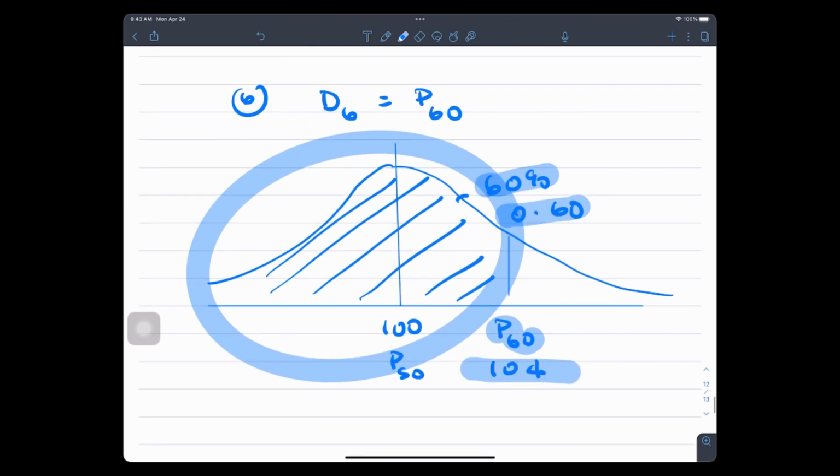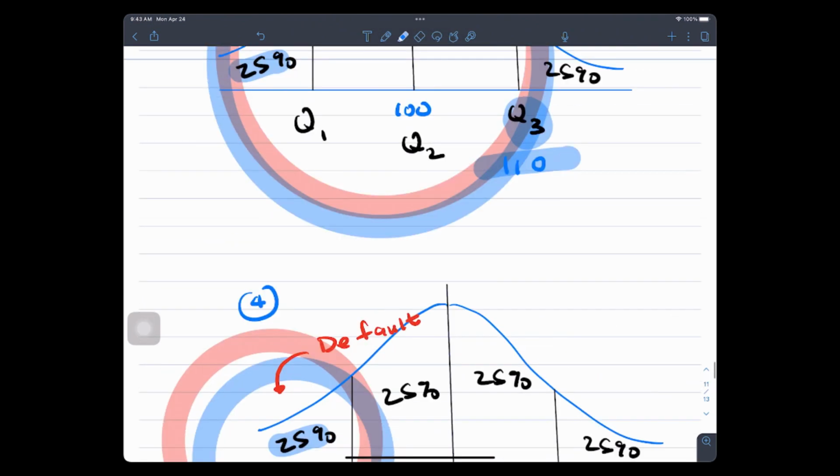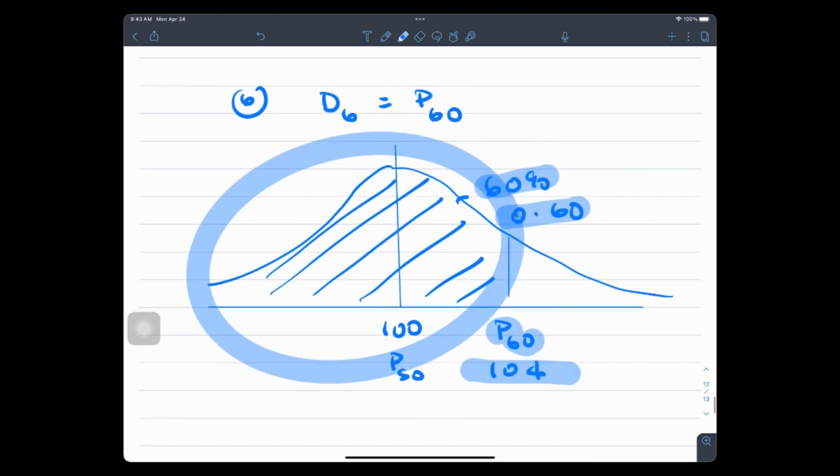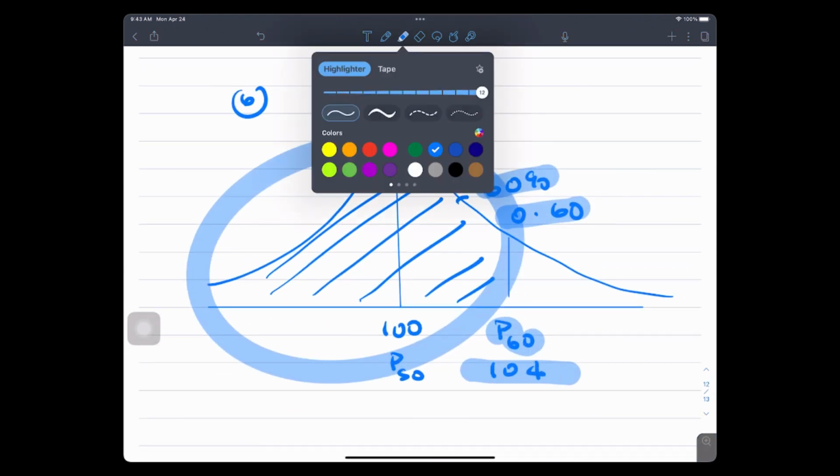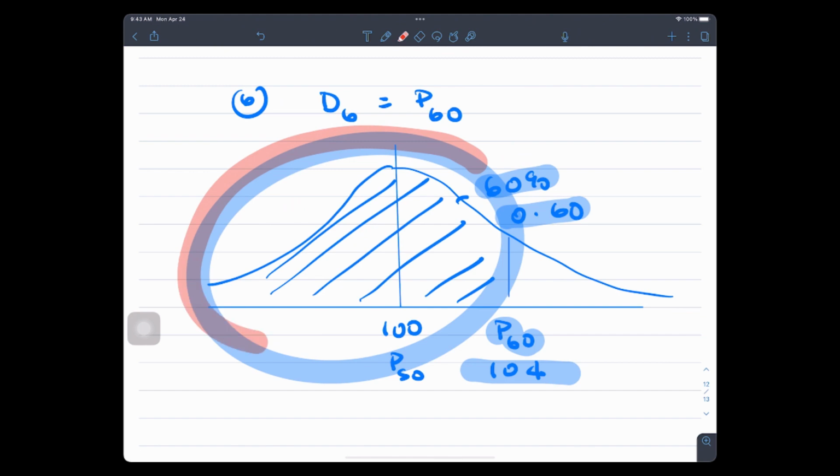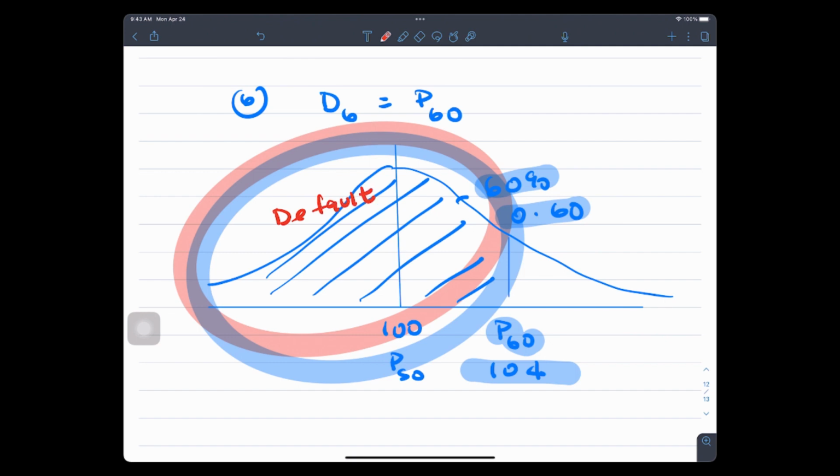There you go, ladies and gentlemen. So take a look. This here, again, to remind people, area to the left is that default here. So we've worked backwards today, ladies and gentlemen, and it's important to be able to do what? To do both.